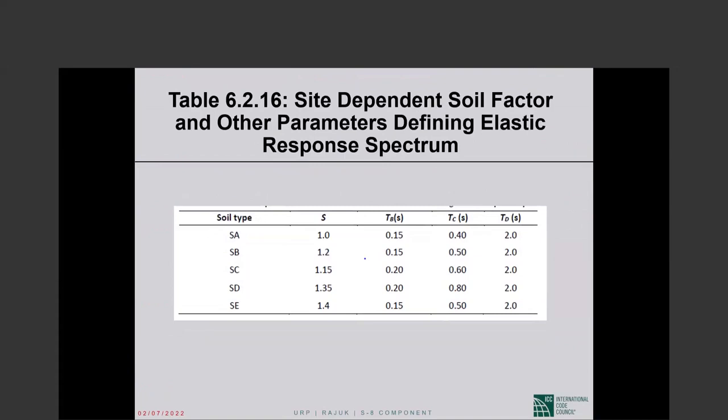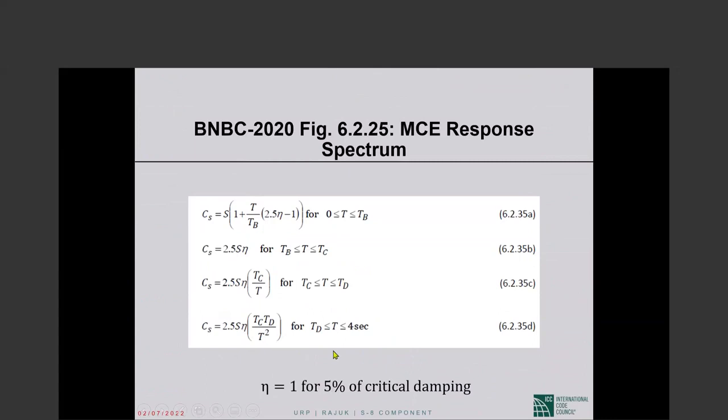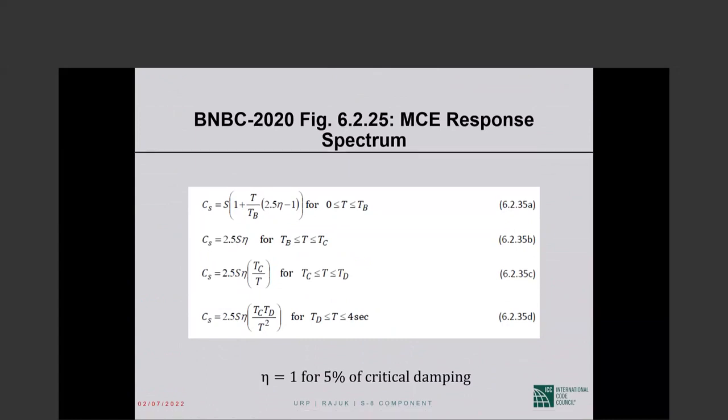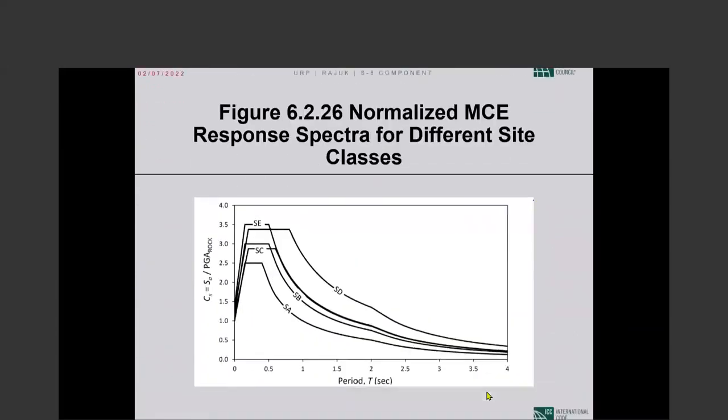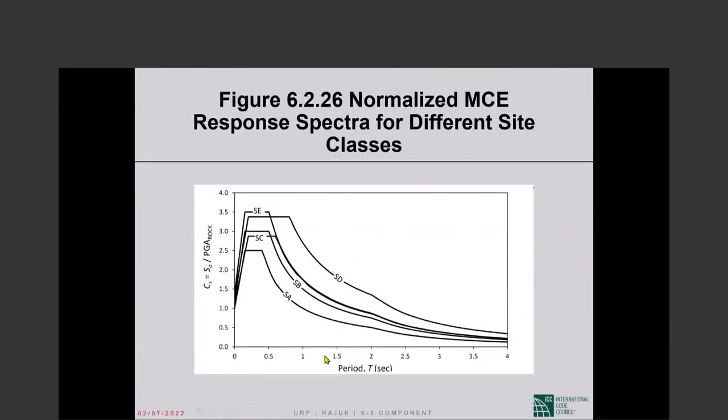You have seen this table that gives us specific values for the numbers we need to plug in here: the S value, what T sub B is, what T sub C is. So with those equations and the table, we can construct the BNBC spectra that you saw a minute or two ago.